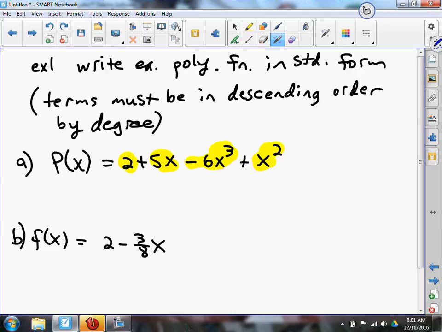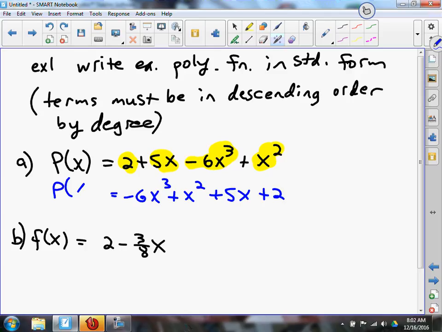Anybody think they got it? What do we got? It would be negative 6x cubed, and then what? Plus x squared, plus 5x, plus 2. There it is. That's all there is to it. What do we think? Not so bad, right?